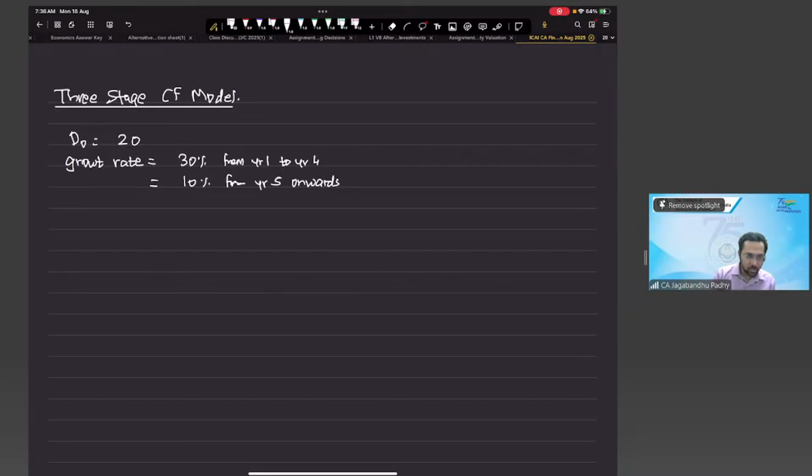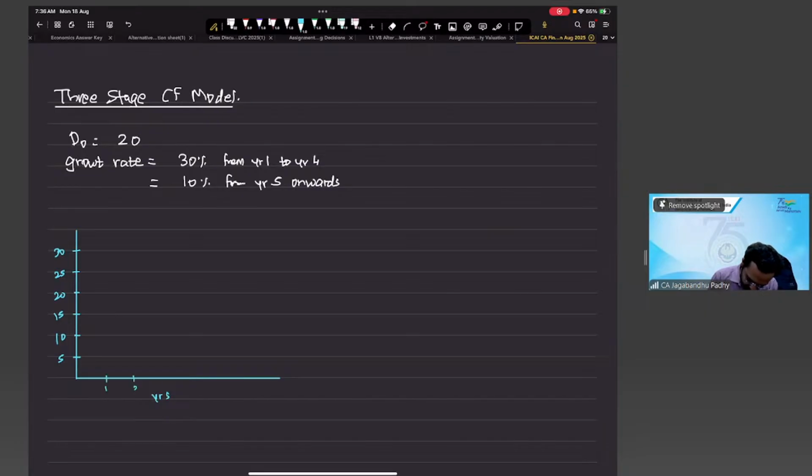If you look at the growth rate happening, let me try to plot it as a chart. Let's say 5, 10, 15, 20, 25, 30 on one axis, and the number of years, 1, 2, 3, 4, 5, 6, on the other.